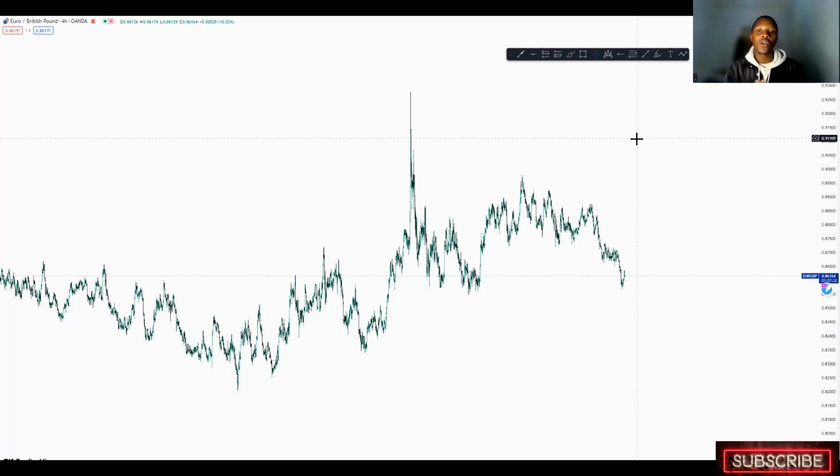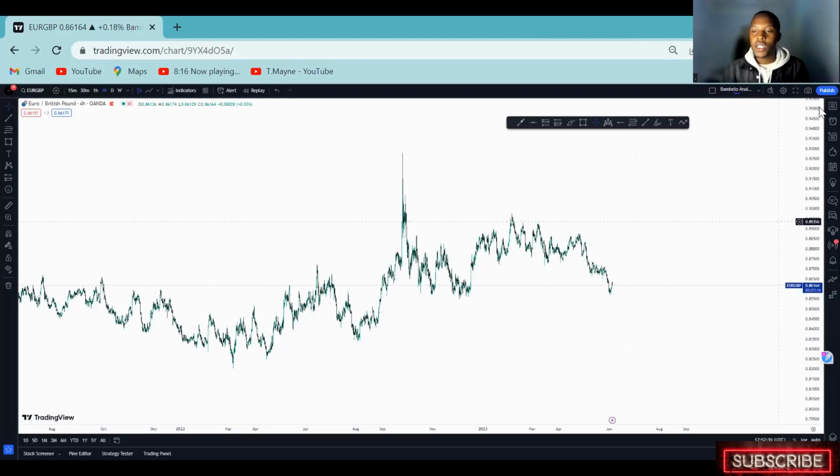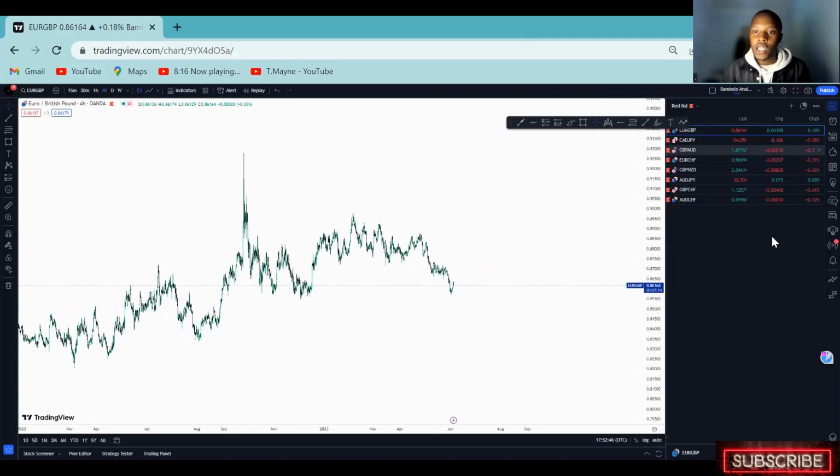I'll also be going down to these following pairs on my right: EURJPY, GBPAUD, EURCHF, GBPNZD, AUDJPY, GBPCHF, and AUDCHF. As you can see, it's strictly just currency pairs. So let's get into it.